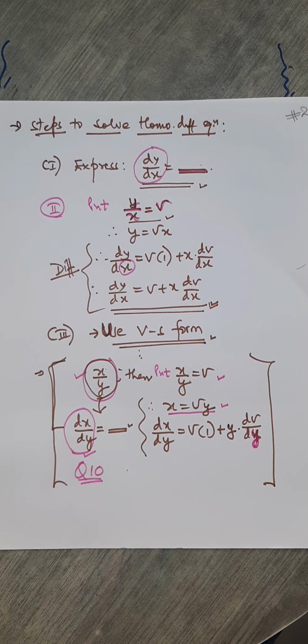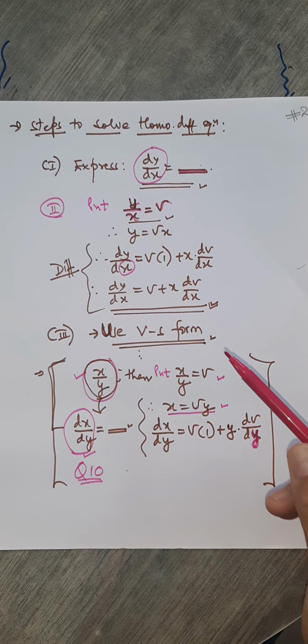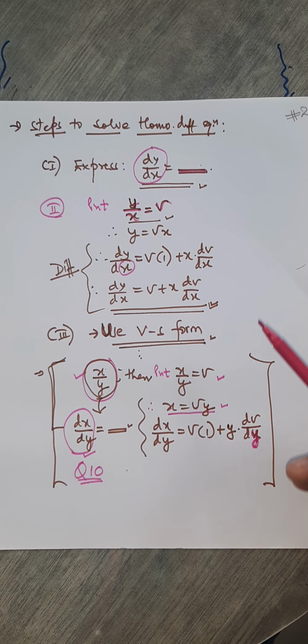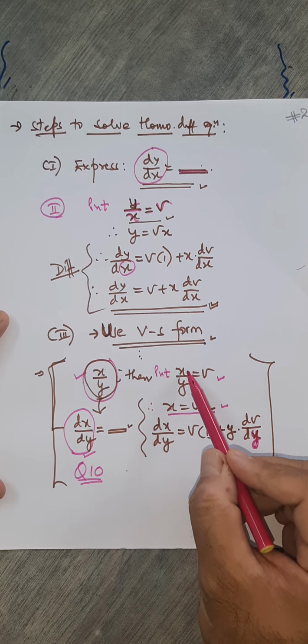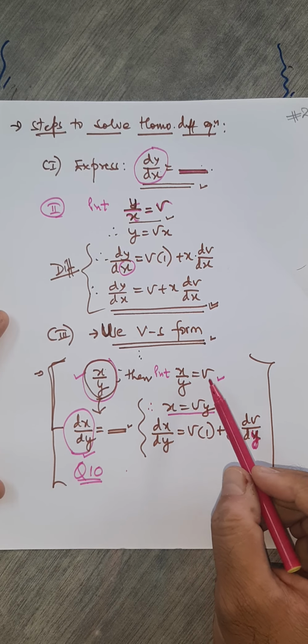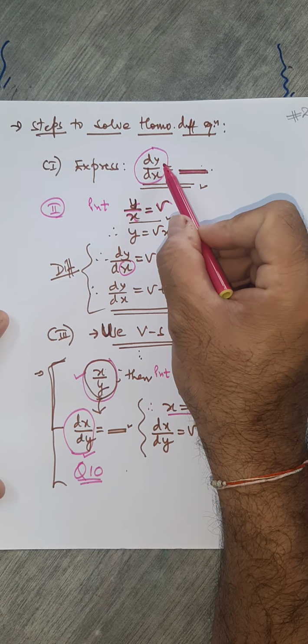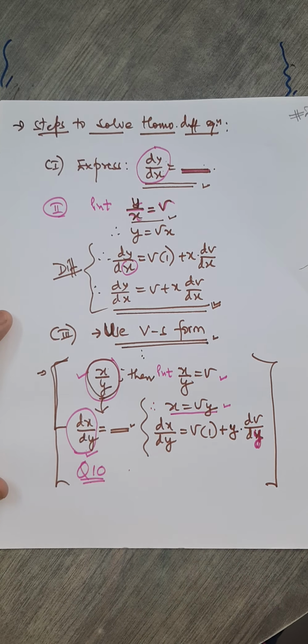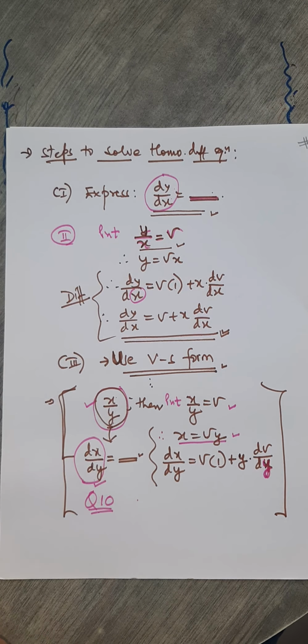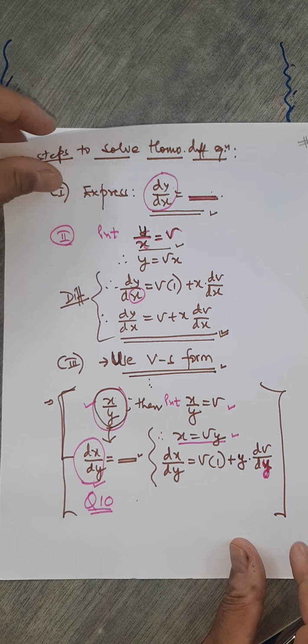Okay, fine. So now we just go to exercise 9.5 with this technique. Either you put y by x equals to v substitution or x by y equals to v substitution. But remember, dy by dx form here, dx by dy form there. It's very straightforward. You will see all questions have almost a similar procedure.